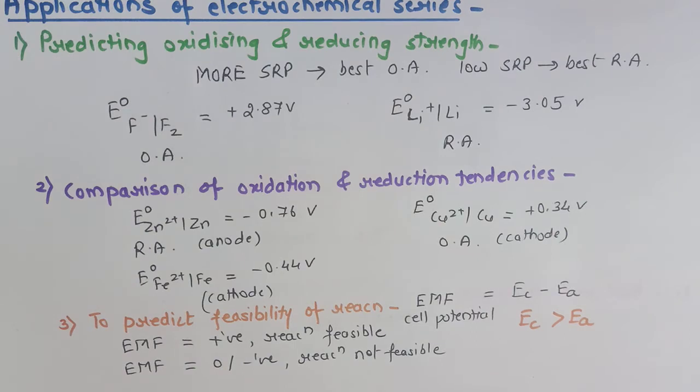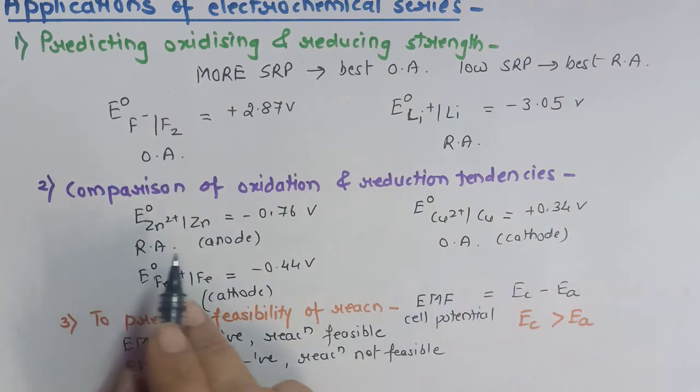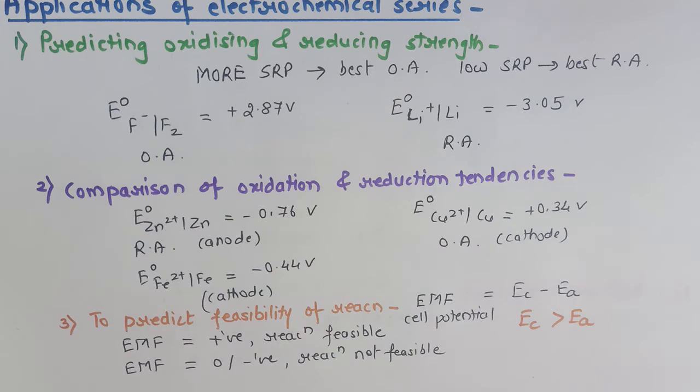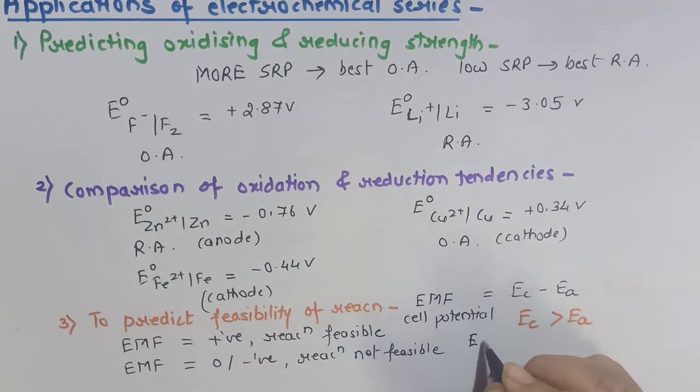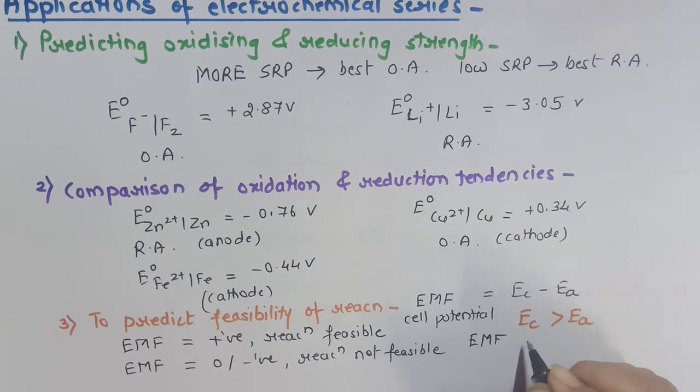For example, if we consider the Daniell cell, we know Daniell cell is made up of zinc and copper. So if I take zinc as anode and copper as cathode in Daniell cell, EMF will be equal to E naught cathode minus E naught anode.